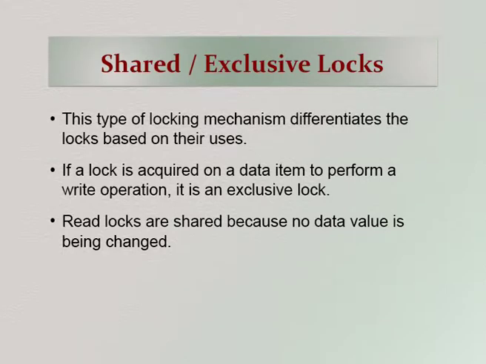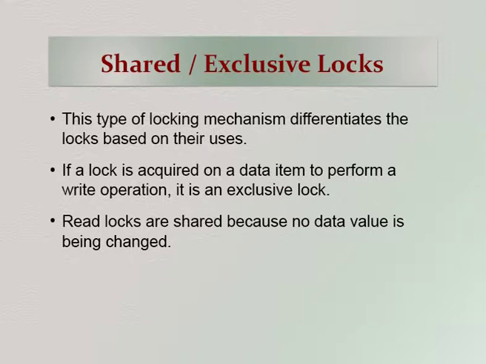The next category of locks is the shared and exclusive locks. This type of locking mechanism differentiates the locks based on their uses. If a lock is acquired on a data item to perform a write operation, it is exclusive. No other transaction will be given that exclusive lock on the same data item until the first transaction is completed.